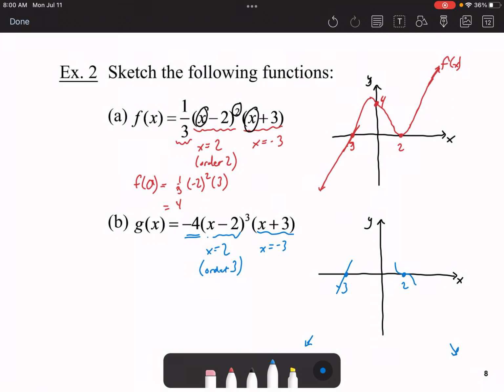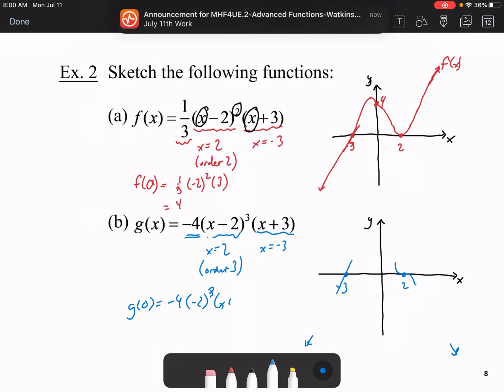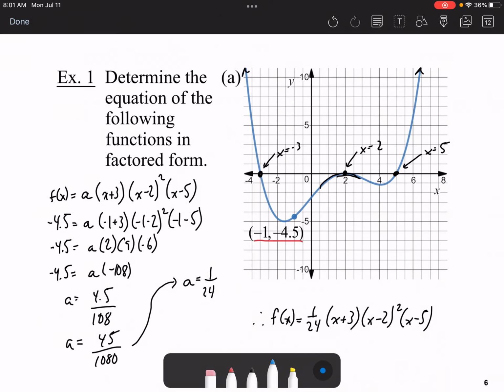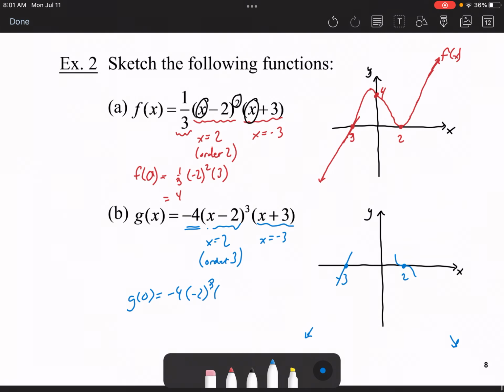Okay, so again, you can substitute the value 0 in. So you can figure out what the actual y-intercept is. Sorry, lost that graph there for a second, hold on.